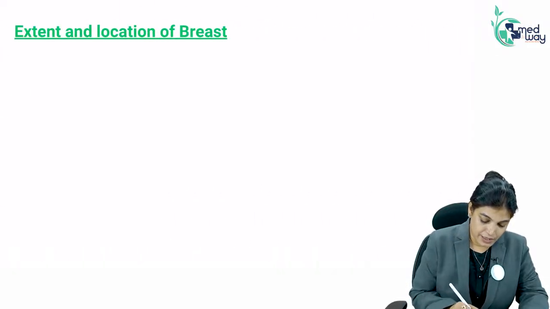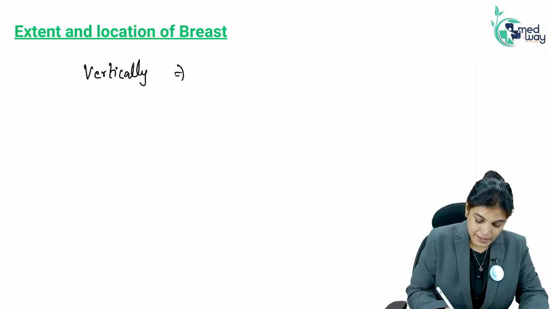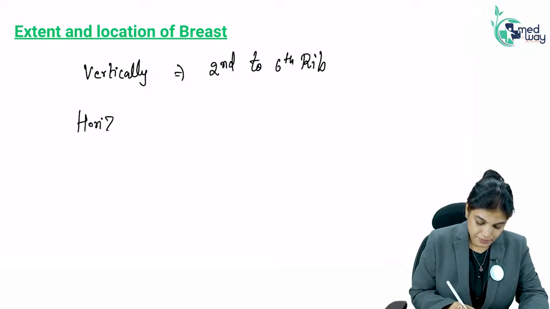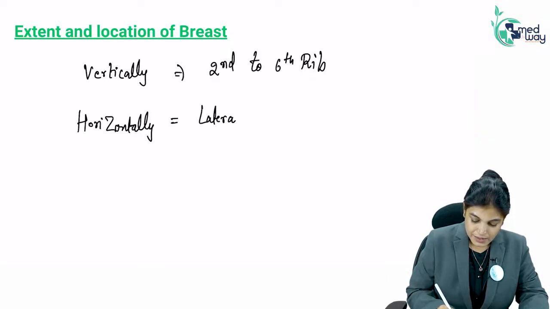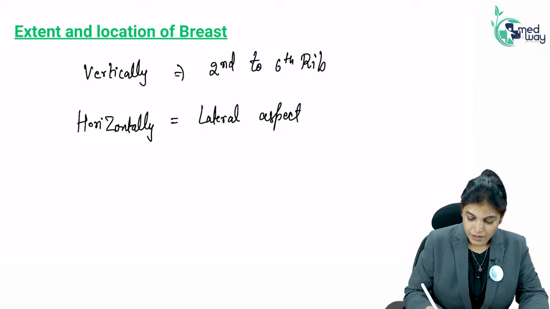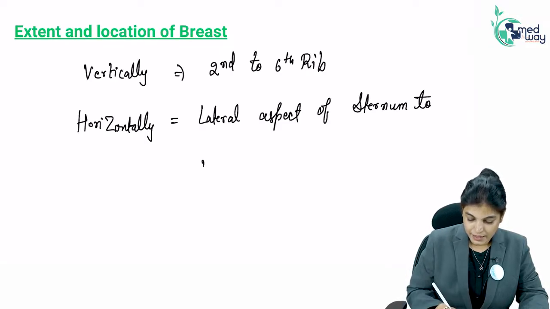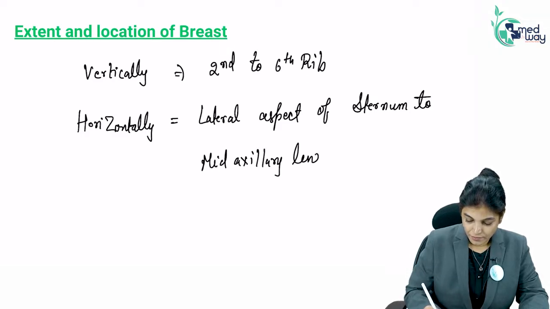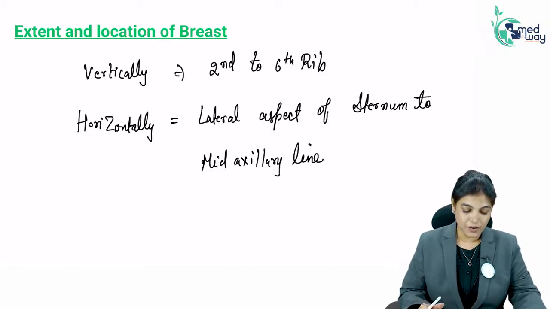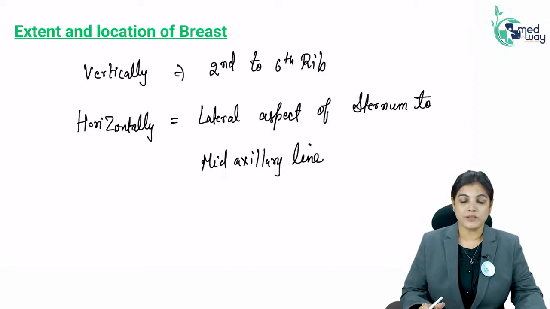So the extent vertically is from the second to the sixth rib level, and horizontally from the lateral aspect of the sternum to the mid-axillary line. This is the extent and location of the breast in the superficial fascia.